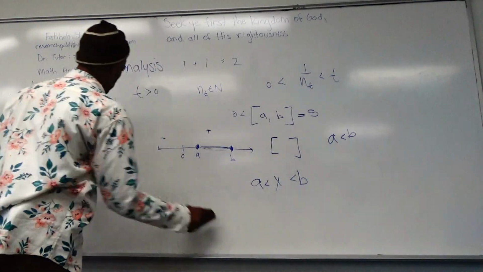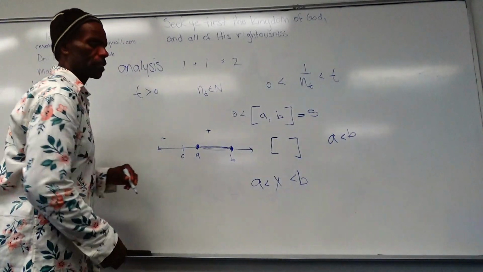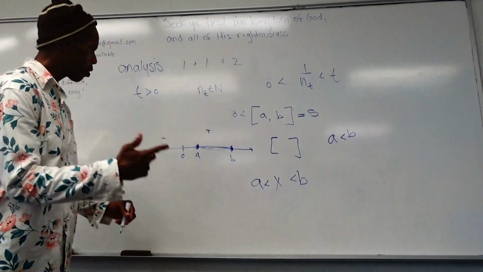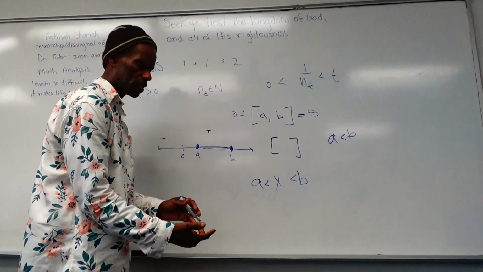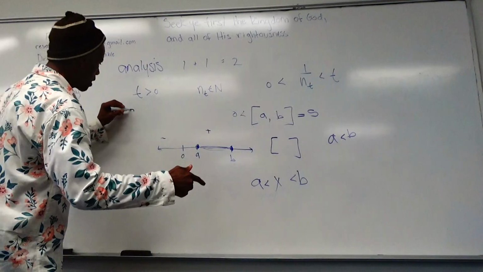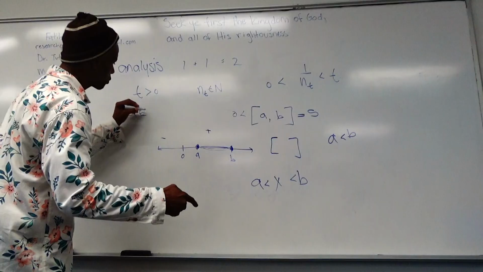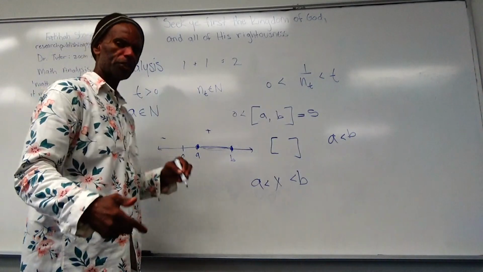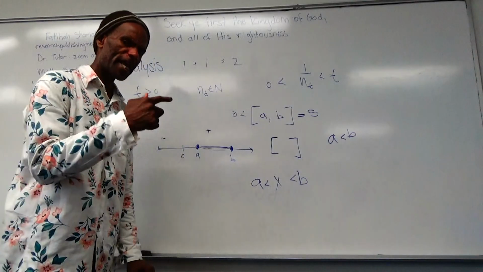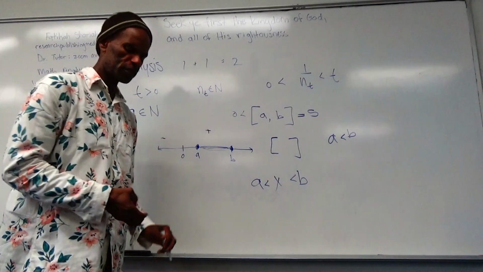Let me do it like this. There's a number A. We don't know what that number is. We're just going to call it A because we don't know what it is. There's a number A in the natural number set N. And then I ask you, is A greater than 0?